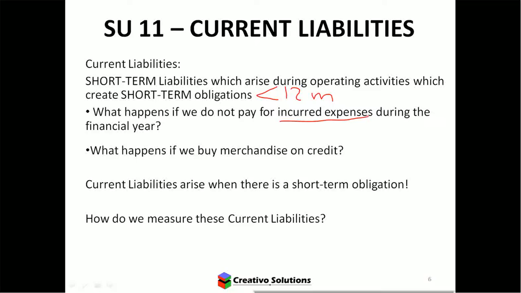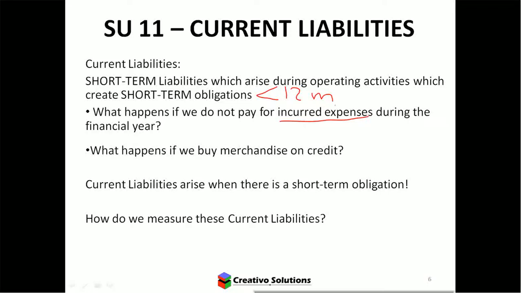Does the government bill you at the beginning of the month or at the end of the month? Why the end? Exactly. The government doesn't know how much water and electricity you've used during the month. The only time they'll know exactly is at the end of the month.